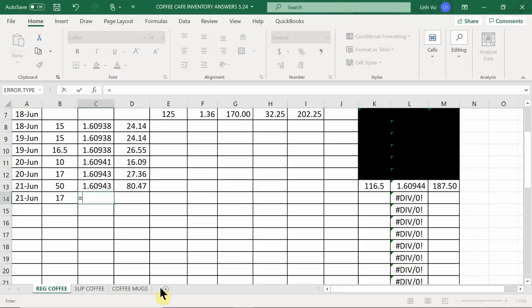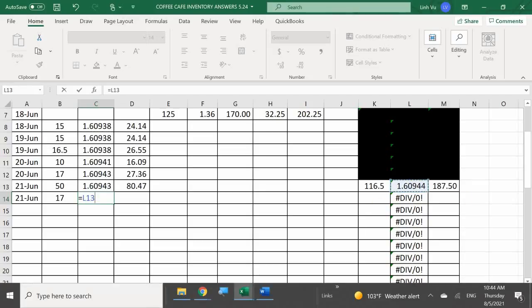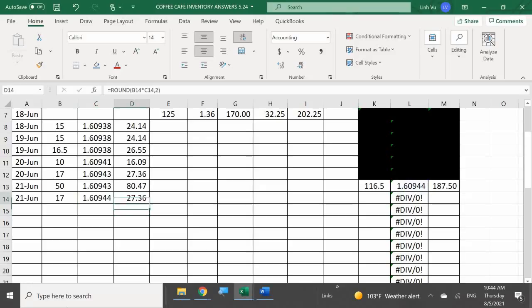Okay. At what cost? The 1.60944. Okay. Which should give you a total of, Excel is doing the work for me, so $27.36.